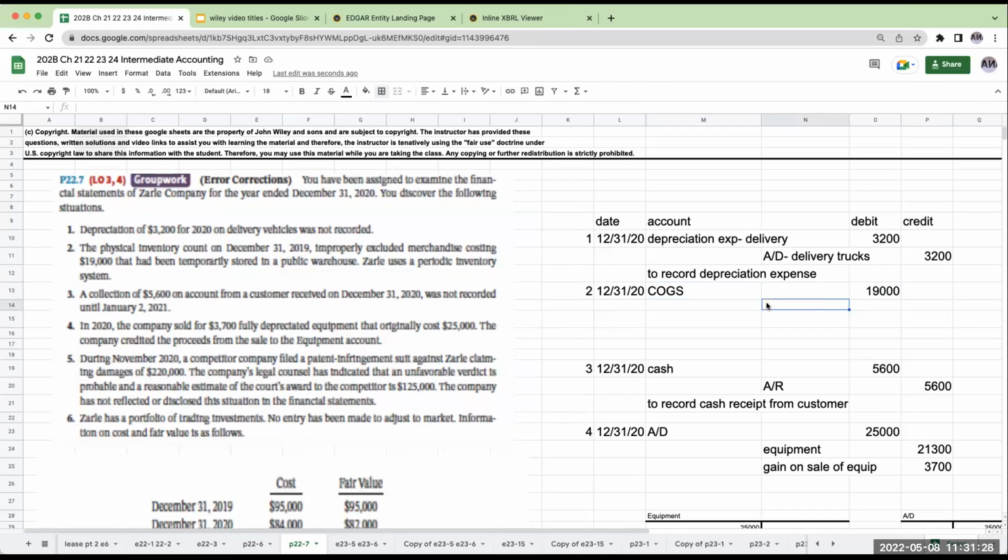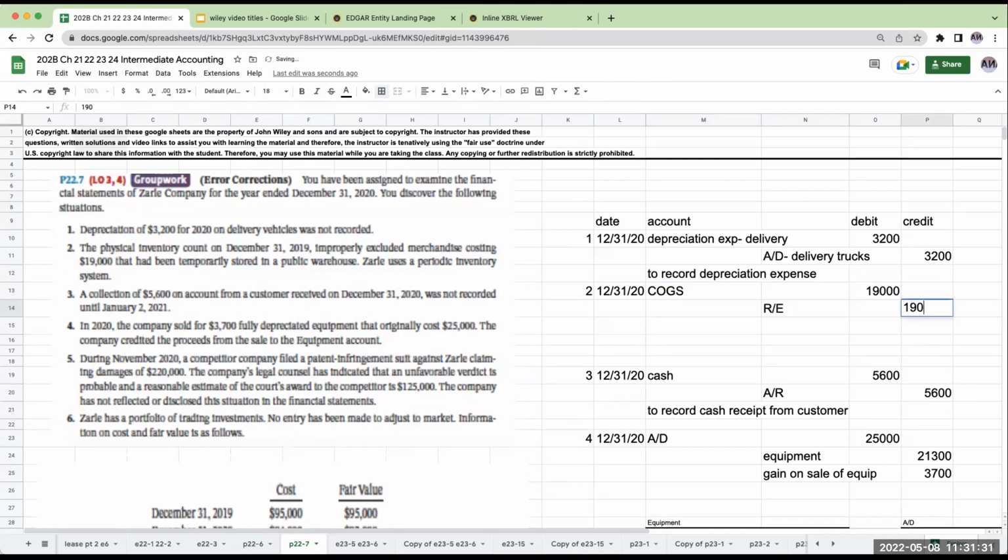And then over here, I would be crediting retained earnings for that 19,000. Now, because it's not telling us more information, I'm just going to dump it to retained earnings, or the current year, basically, because that amount should have been recorded as inventory. But it was sold, it was gone by this year. So therefore I have to put it into cost of goods sold.